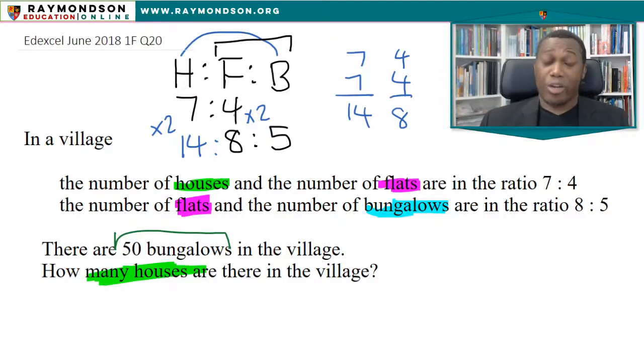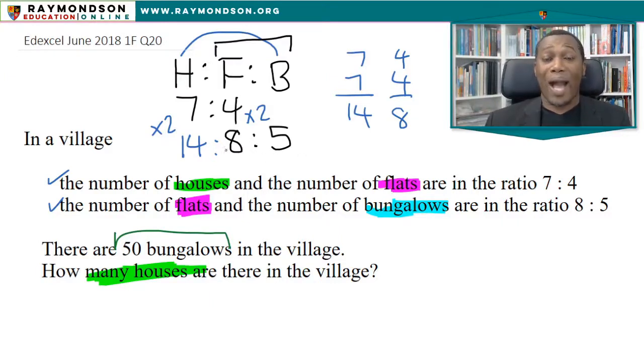The ratios are equivalent. And now, because the number of parts for flats, 8 flats, is the same for the house to flat ratio, the first one, and the flat to bungalow ratio, the second one, we now have a ratio for houses, flats, and bungalows. For every 8 flats, you build 14 houses and you build 5 bungalows.